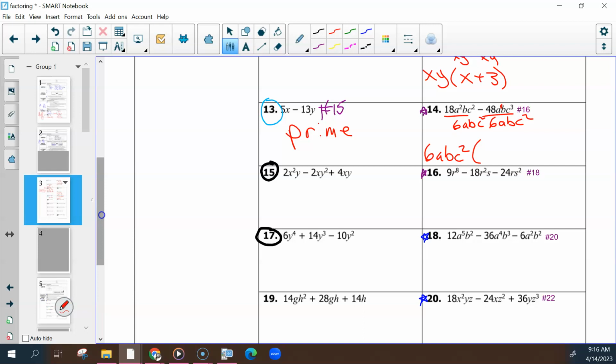So if we're dividing, what would be left? 3a, the b's would cancel, the c's would also cancel, minus 8. What was the rest of that? So there's this one. Questions on that?